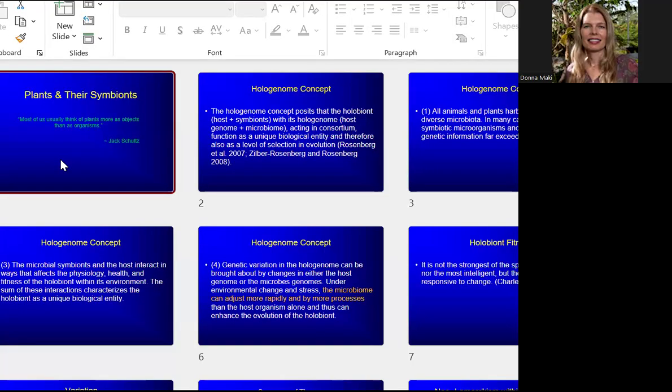Okay, how many people have taken evolution? Okay, most people. Do you remember? It might be a very hazy memory, but do you remember hearing anything about the hologenome theory of evolution?